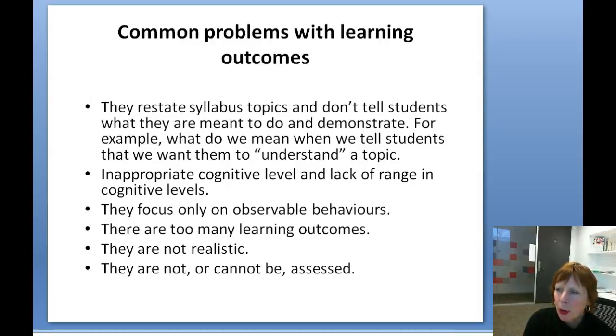Here are some common problems with learning outcomes, and one of the most common is that essentially they just restate the syllabus topics and don't tell students what they're meant to do and demonstrate. That is typically done by saying that you want students to understand a topic, and part of the process that we'll encourage you to do is to think about what you mean by understanding.